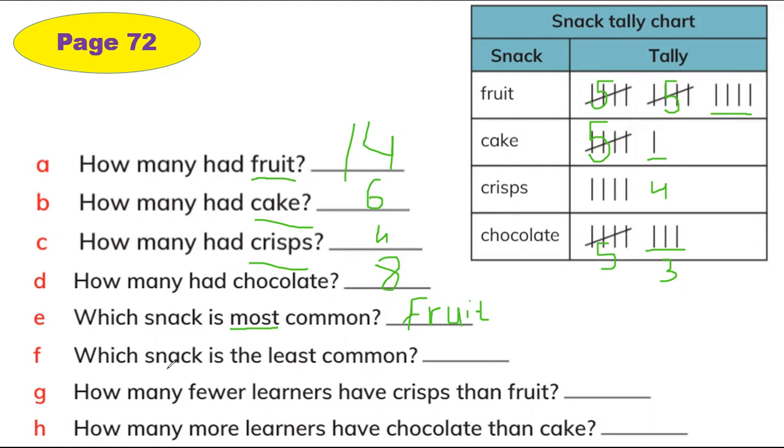Okay, which snack is the least common? Least means few people want to eat the snack. Which snack do people want to eat fewer, not more, less? So I can see the crisp is the least common snack.